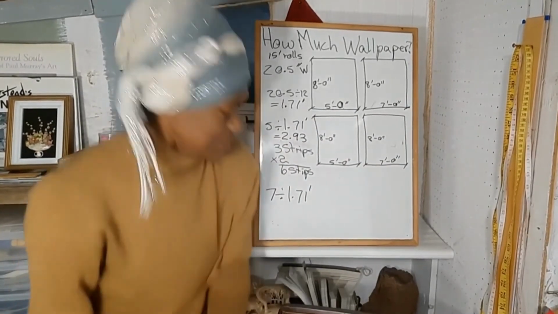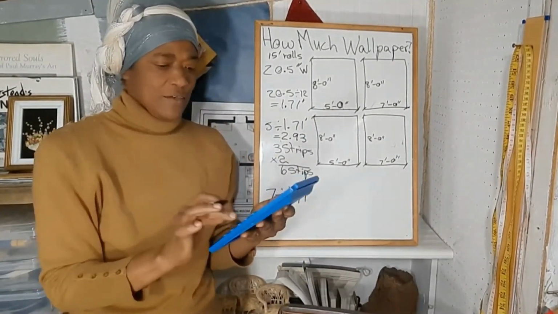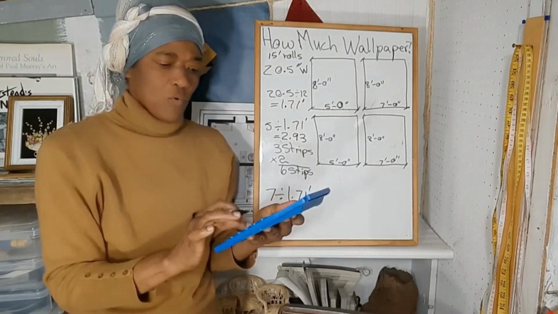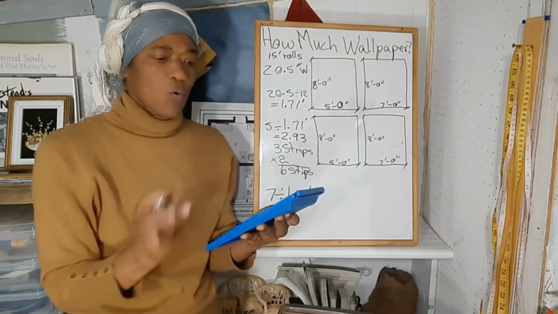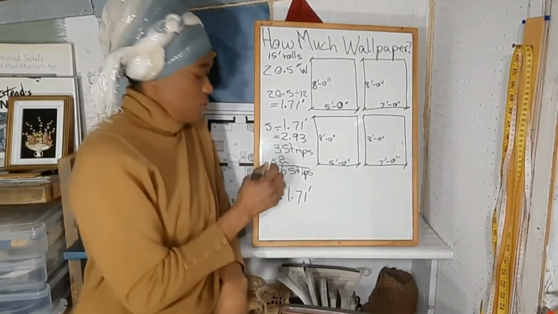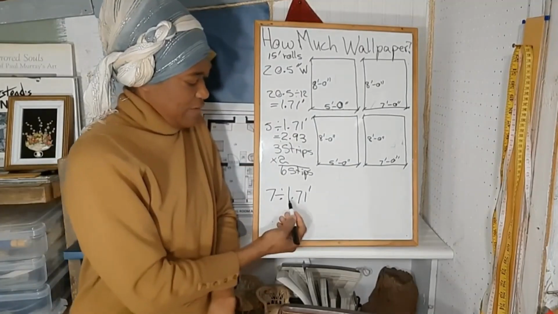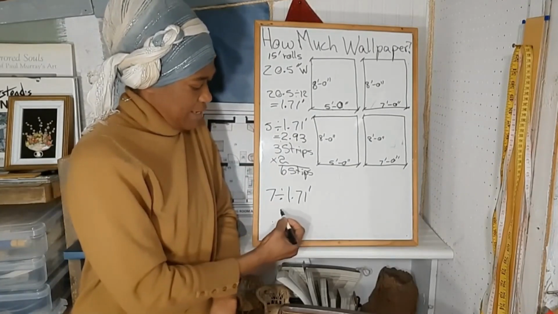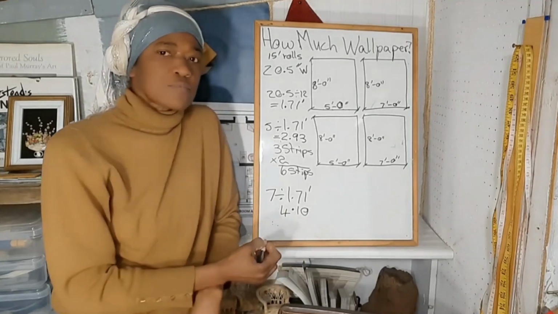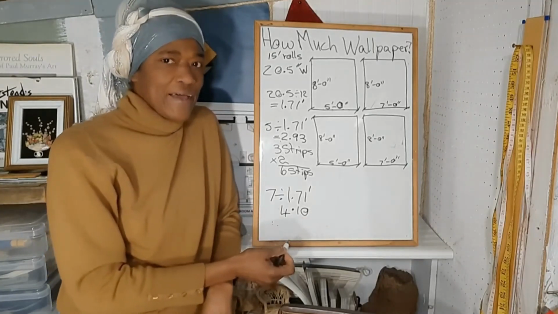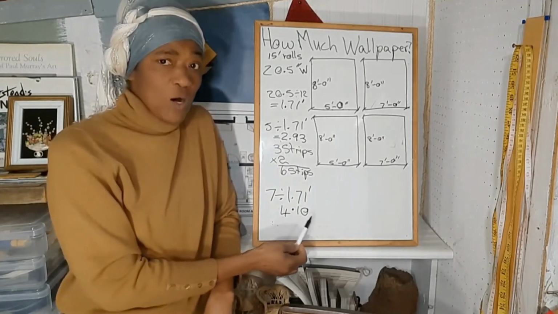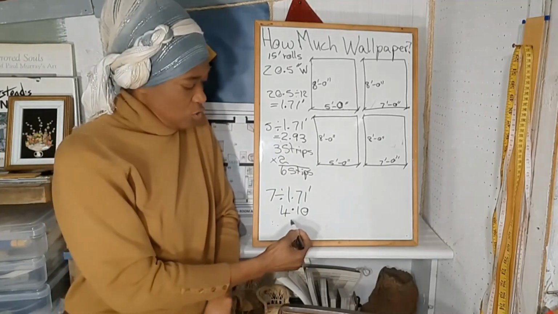So 7 divided by 1.71 equals 4.10. We'll go ahead and just round down the 4.10 to 4.